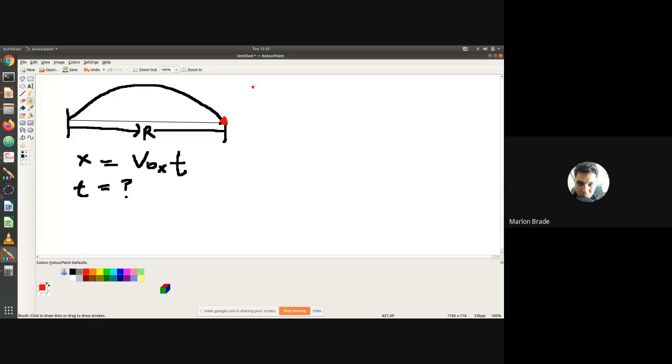We have the equation for y from our kinematics: y is equal to v naught y t minus 1/2 g t squared, right? But the question is, we don't know t, and what is y?